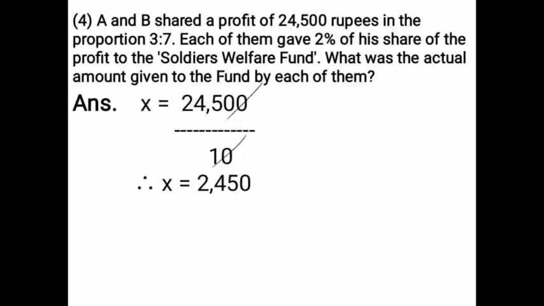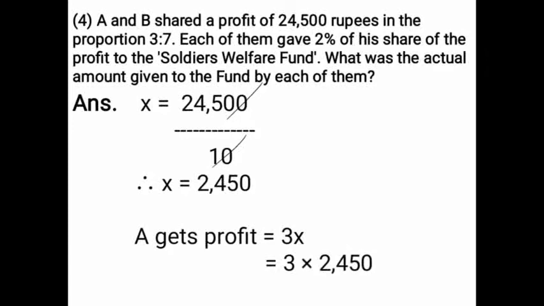You have to write next statement. A gets profit is equal to 3x. I have taken A profit 3x. Now x value you have to substitute and you have to multiply by 3. That is 3 into 2450. X value which I got, that number I have taken to multiply by 3. Now multiply 2450 into 3.